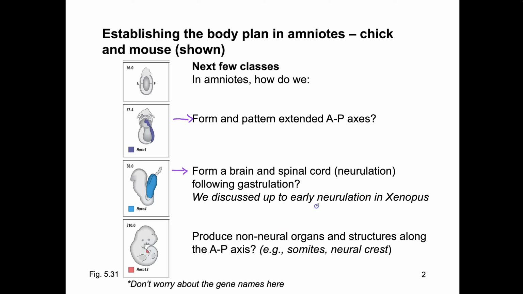We have talked a little bit about the neurulation process in Xenopus, how neural ectoderm is specified by lifting BMP inhibition. And we'll talk more, in this section, about the actual neural tube formation and that sort of thing. And then how do we produce some of the non-neural organs along that anterior axis?